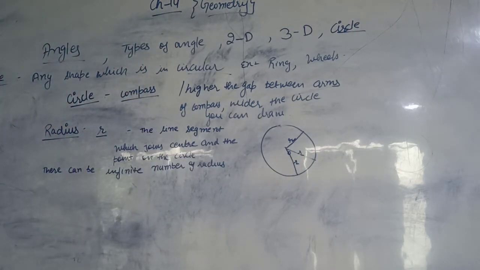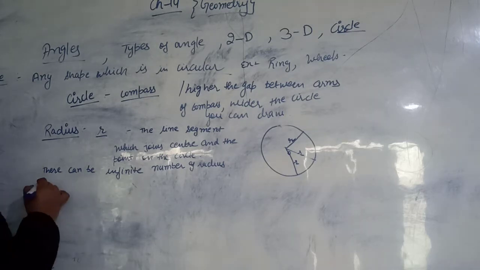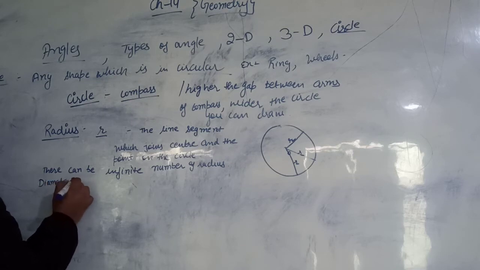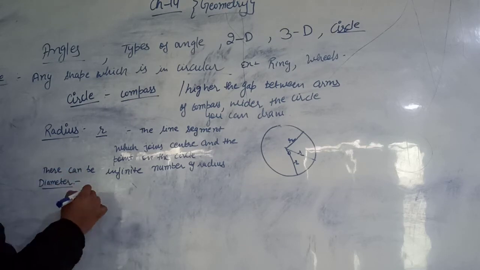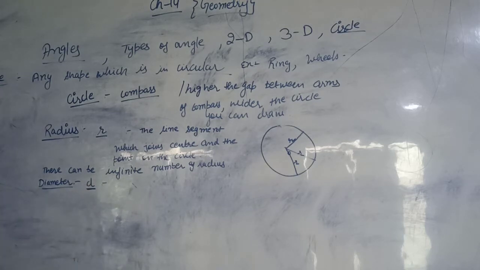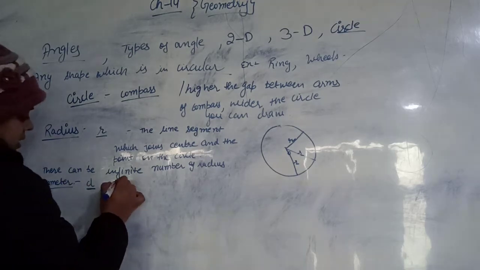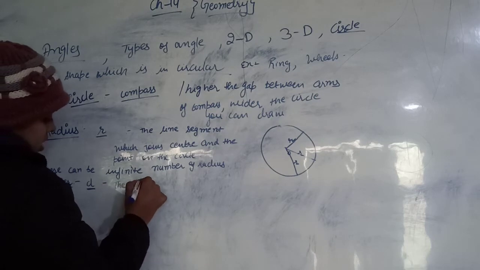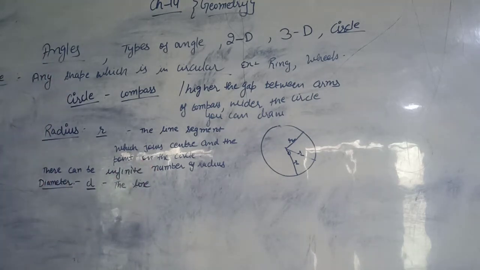Right? Next that comes is diameter. What is diameter? Diameter we will represent with D. Diameter is the line segment. See, I use here the word line segment. Line segment means the line which has fixed length.